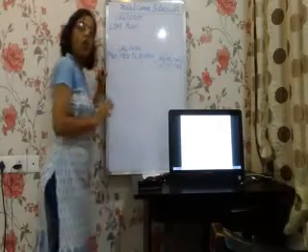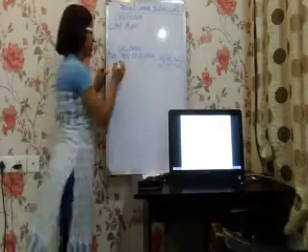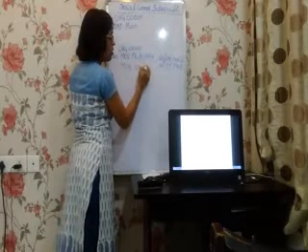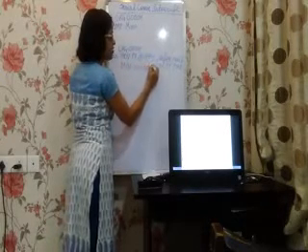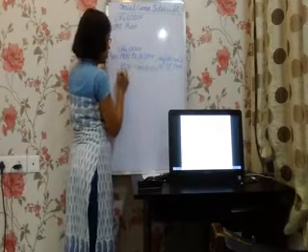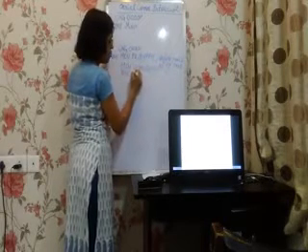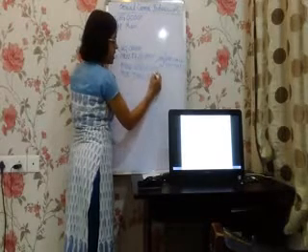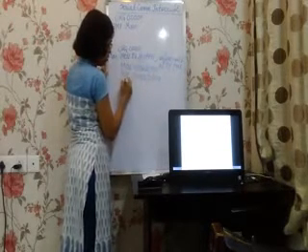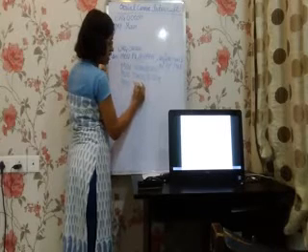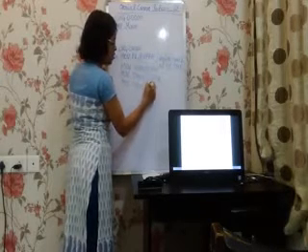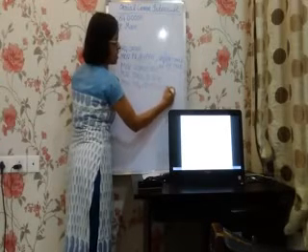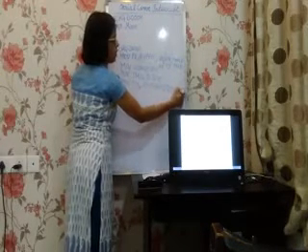Then all the things related to serial communication. MOV SCON, #50H. MOV TMOD, #20H. MOV TH1, #0FDH, corresponding to baud rate 9600.